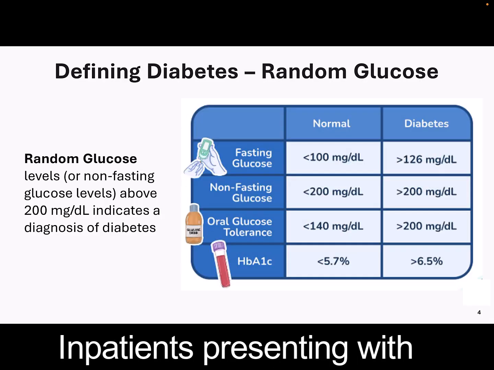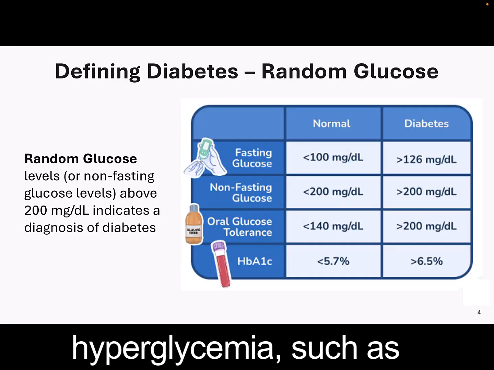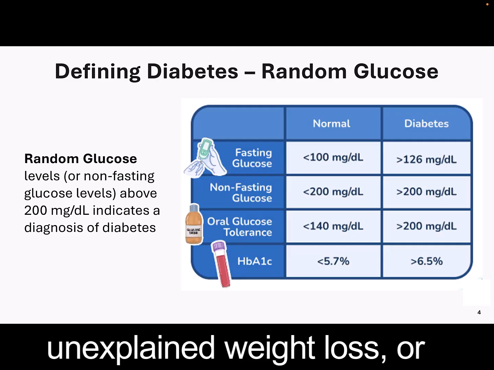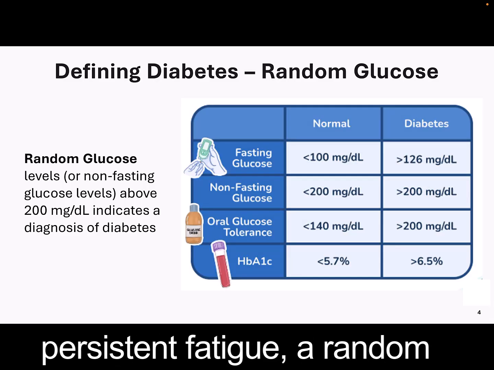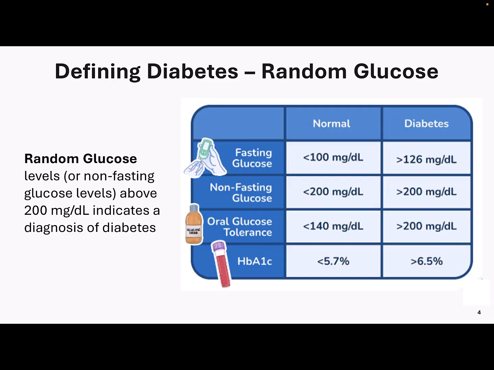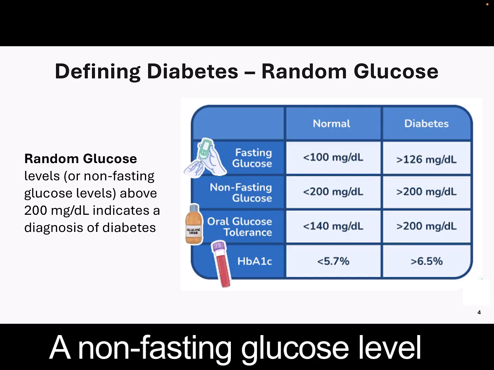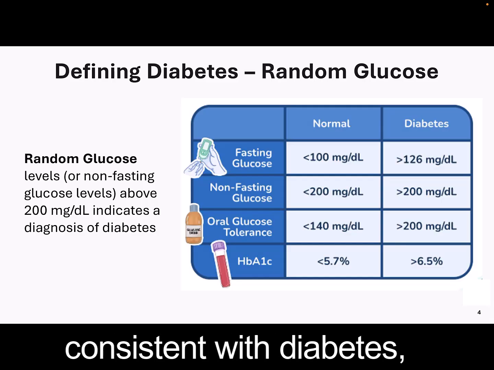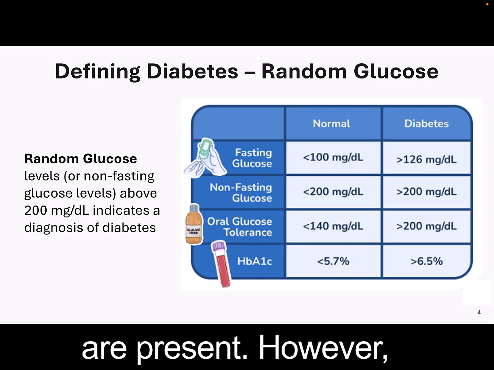In patients presenting with classic symptoms of hyperglycemia, such as polyuria, polydipsia, unexplained weight loss, or persistent fatigue, a random plasma glucose measurement can be diagnostic. A non-fasting glucose level of 200 milligrams per deciliter or higher is consistent with diabetes, particularly when symptoms are present.